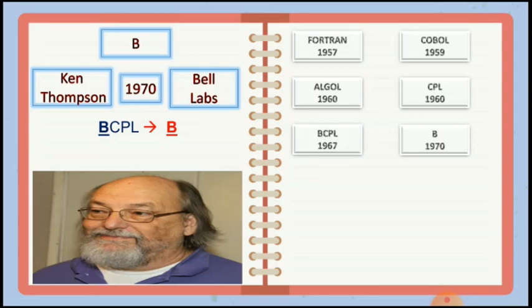Ken Thompson and Dennis Ritchie were working together on developing the Unix operating system, and for that Ken Thompson introduced the B language. When they tried to use the B language in a higher version, it wasn't able to utilize all features.